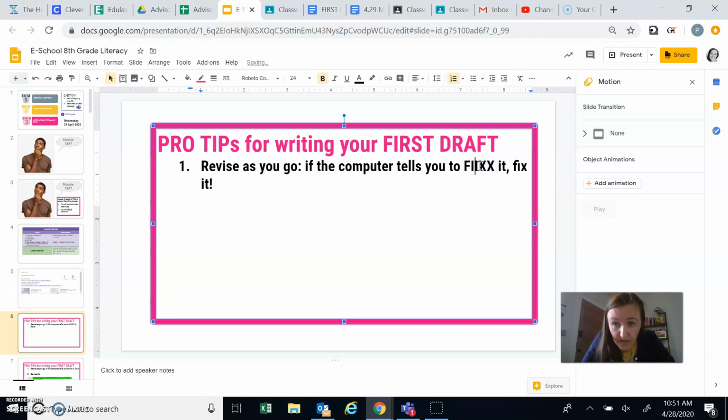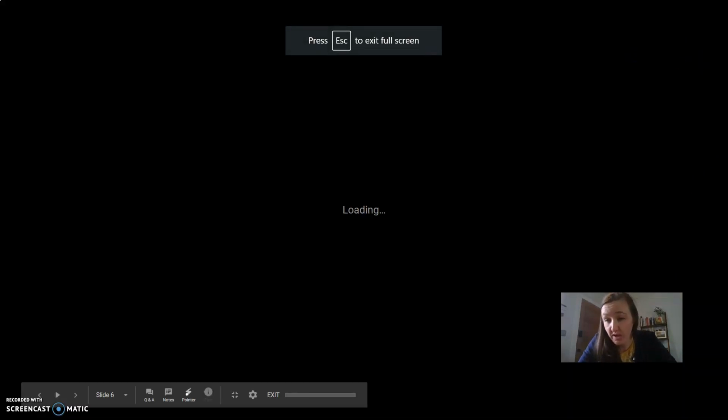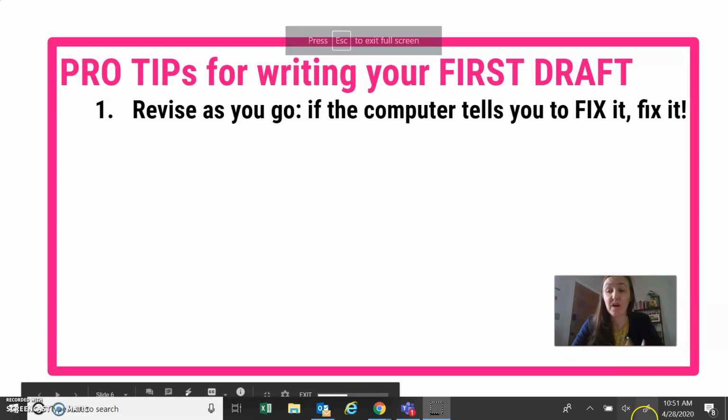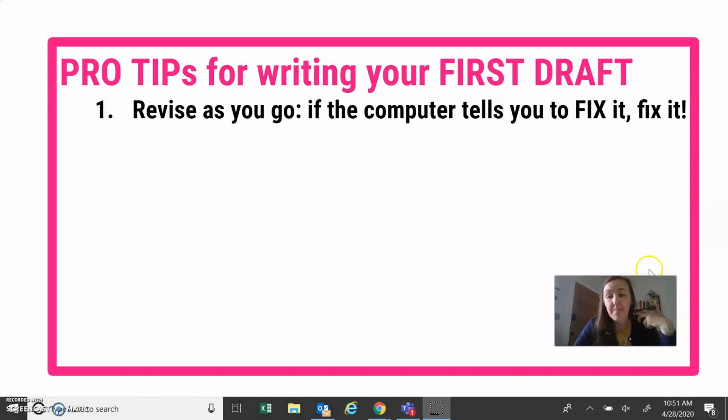So I'm just going to go ahead and make that change so that that's done. Honestly, your computer is giving you so much help as you revise. Google Docs is catching so many errors, and that's really the easy stuff. Just fix that stuff as you go. That's going to let you spend 13B focusing on more important and more challenging revisions.